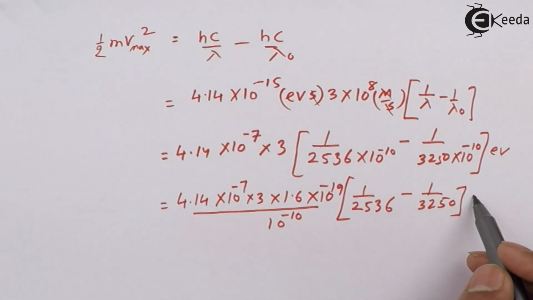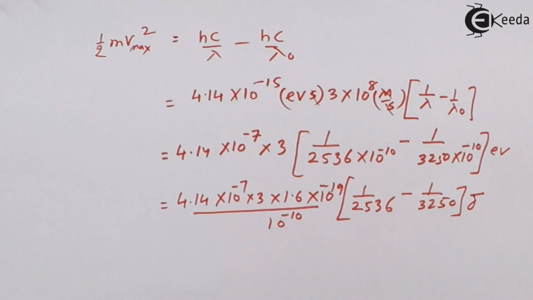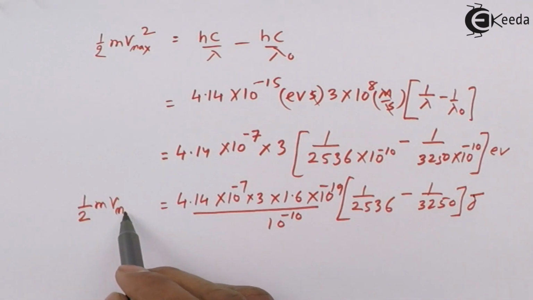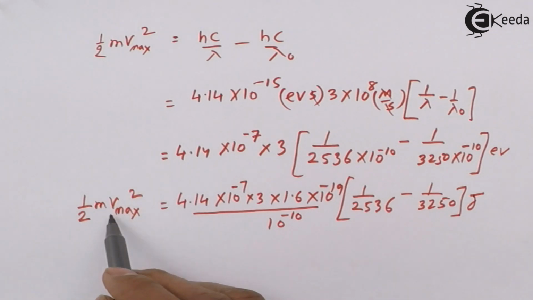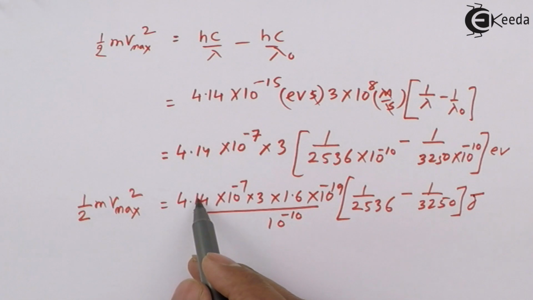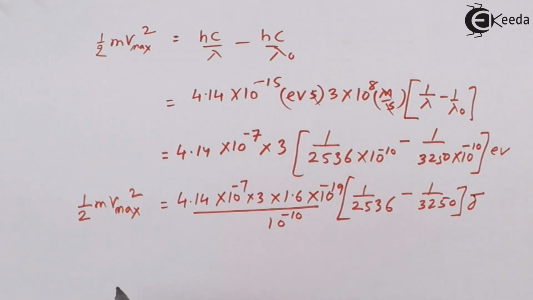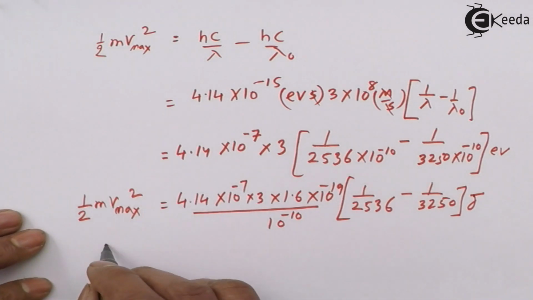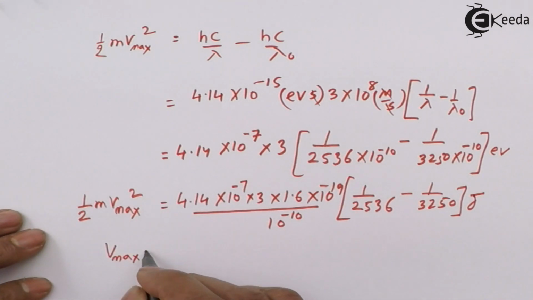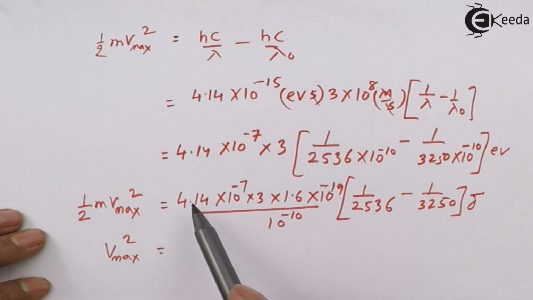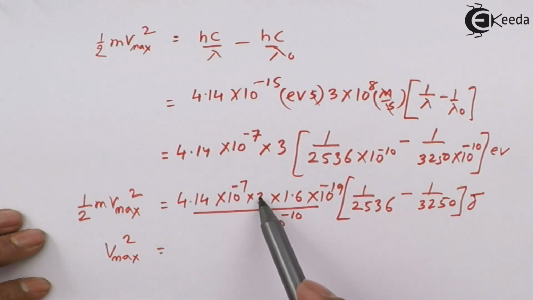This is in joule, and this is half m v max square. I am interested in this one, so I have to put the value of m. The 2 goes to the other side, m is divided, so I write v max square. V max square is, the whole thing remains as it is and 2 is multiplied, so this becomes 6 here.